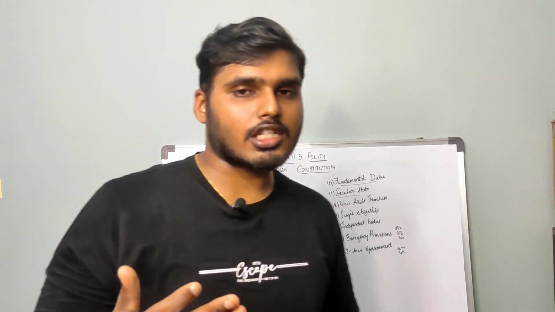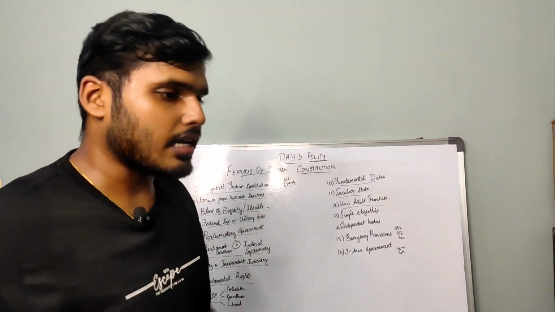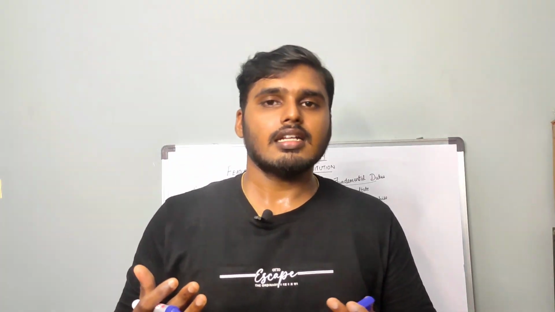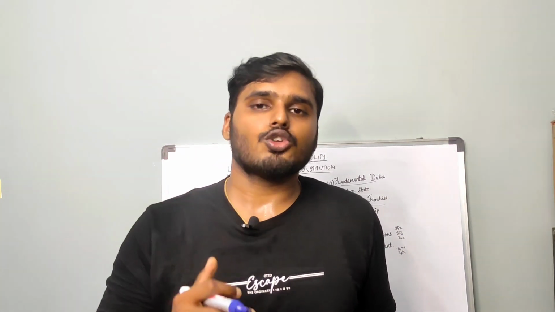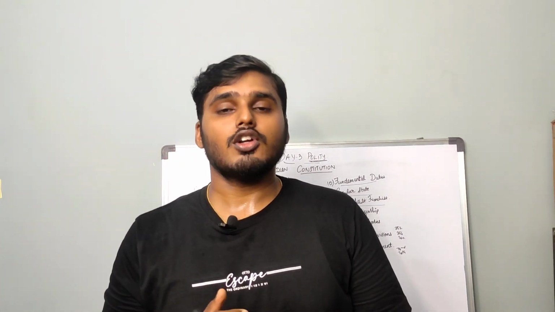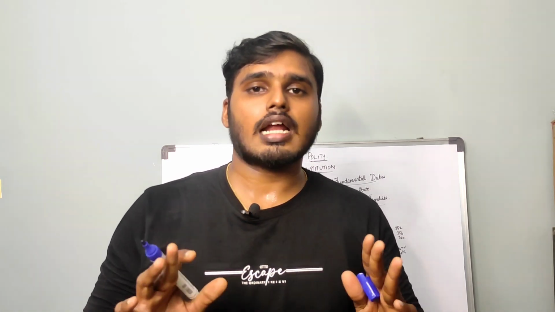The next feature that has to be discussed is the universal adult franchise. It is nothing but the voting rights that the constitution has given, right? During the British rule, the voting right was not given to everyone, but the stalwarts of the Indian Constitution made sure that we give universal adult franchise.